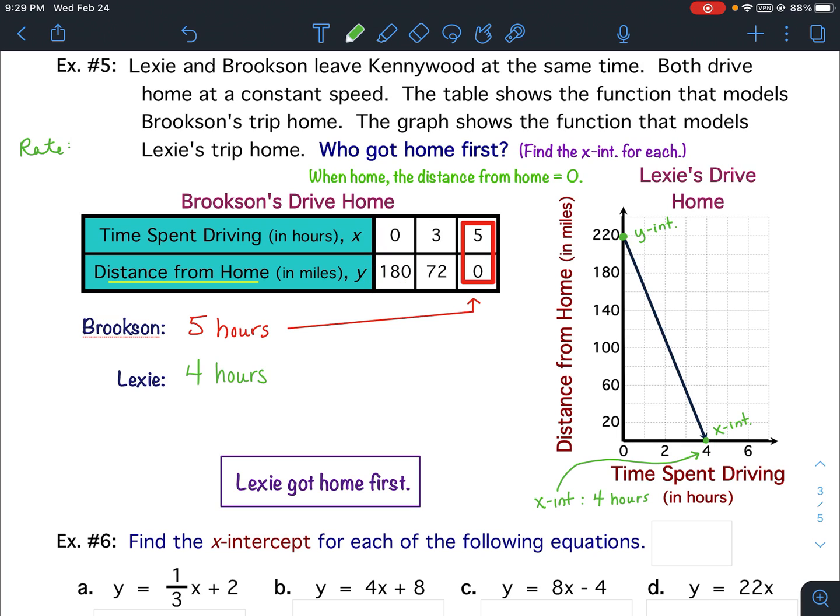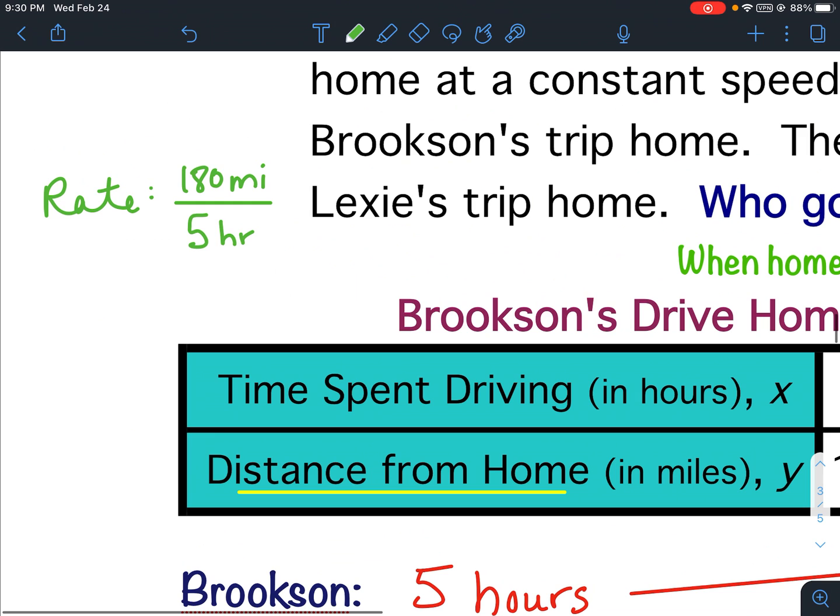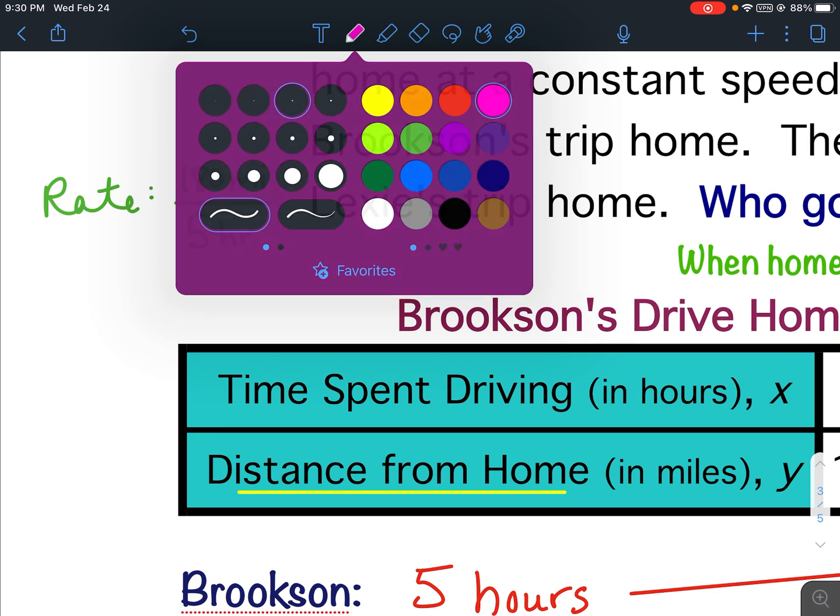And as he's driving, the distance decreases, because as you drive home, your distance from home goes down. So he traveled 180 miles in 5 hours.